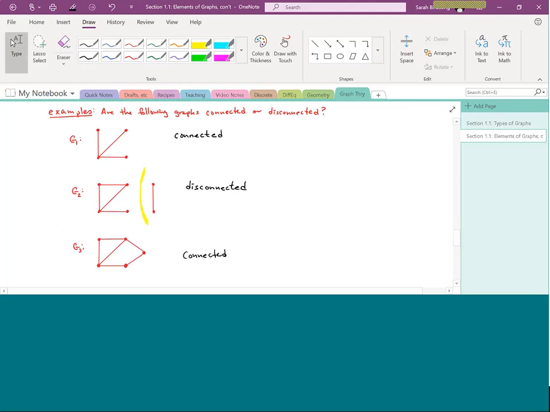So for example, maybe we picked on this guy. That one totally would be a bridge, but let's actually write it over here to the side. All edges are bridges. And this actually ties back to the size of a graph. Remember, size was the number of edges you have.